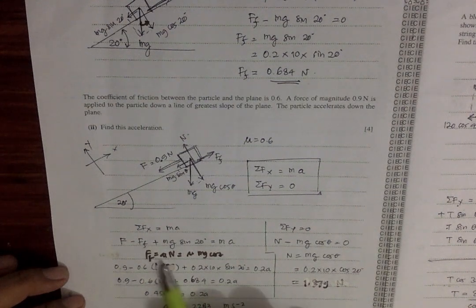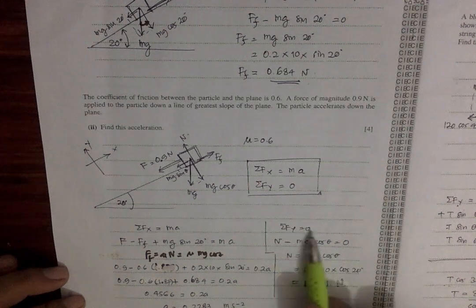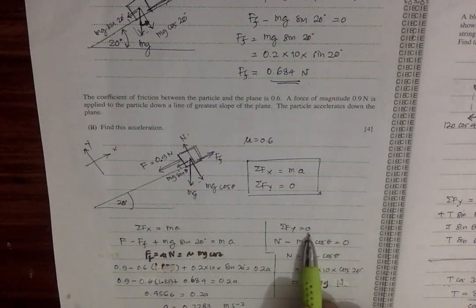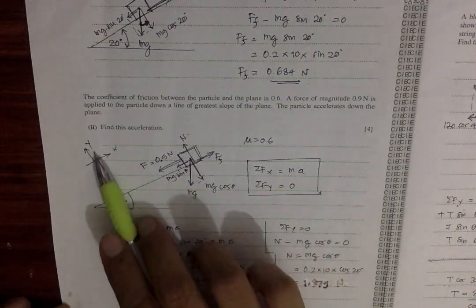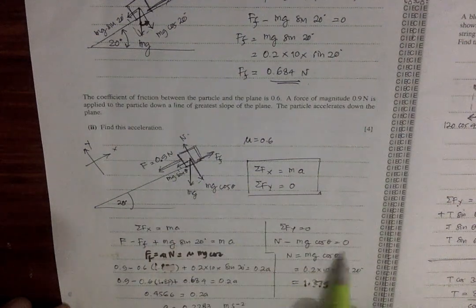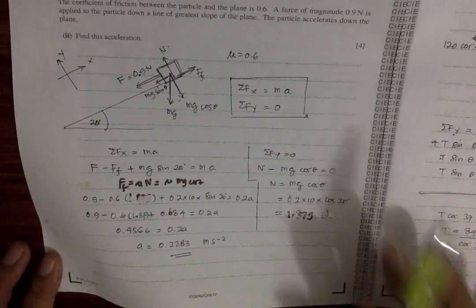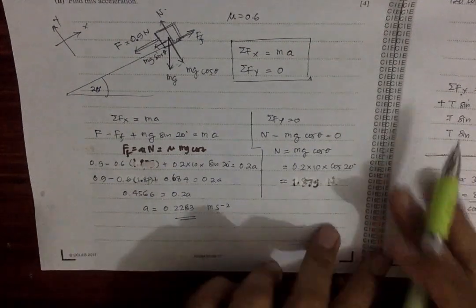Then frictional force equals mu times normal contact force, where the normal contact force comes from total force in y equal to 0. Normal contact force minus mg cos theta equals 0, so the normal contact force equals mg cos theta.